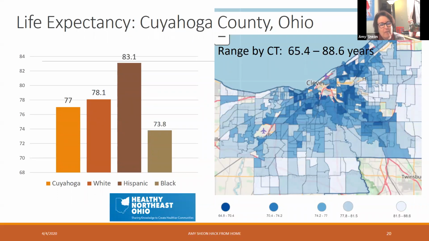Now, one of the most striking things is when you look geographically, you've got huge disparities, where the range of life expectancy, depending on where you live, can be 24 years. These are census tracts, so they can be just a few blocks.